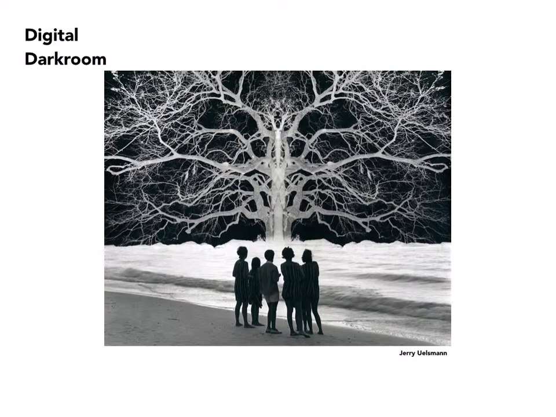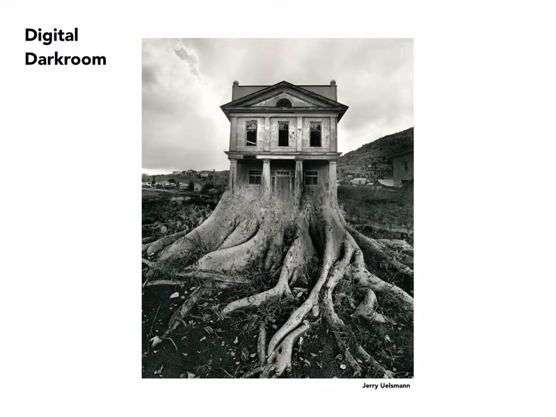Then combined that with a shot of the seashore, and into that dropped in the image of the women in silhouette. This is quite typical of Uelsmann's work, in which he has taken a structure and placed it in such a way that it looks like it's growing out of the root structure of a tree.